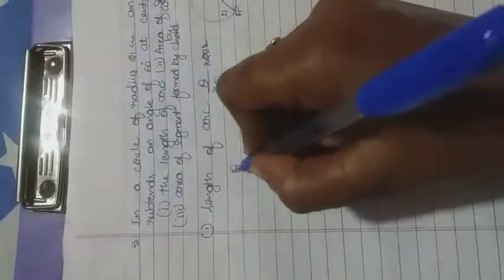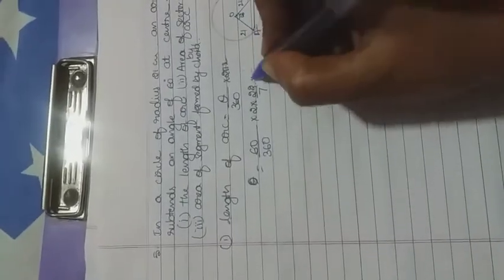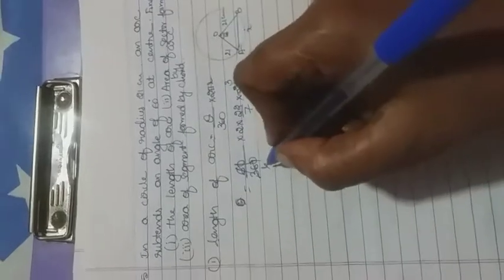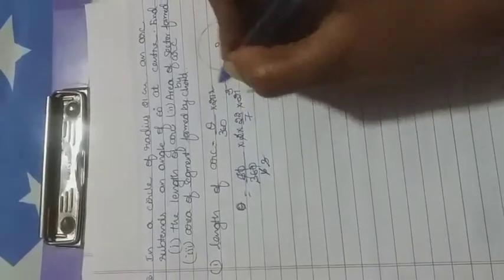Theta will be the angle that has been given, 60 divided by 360, into 2 into pi value 22 by 7, into r, which is given as 21. Now the tens get cancelled, 6 ones are 6, and 7 threes are 21, and 2 ones are 2, 3 get cancelled.